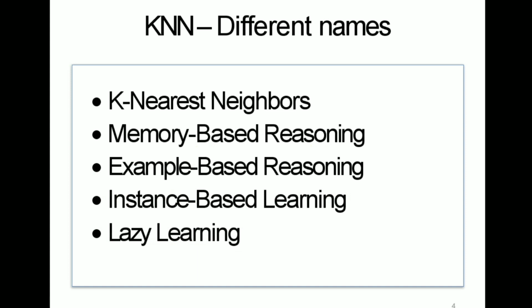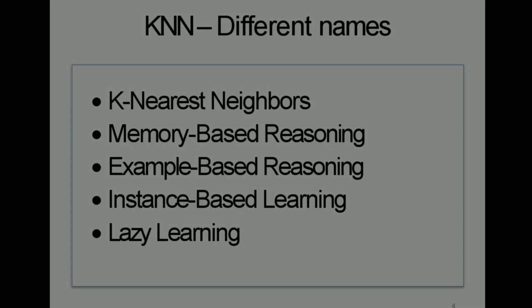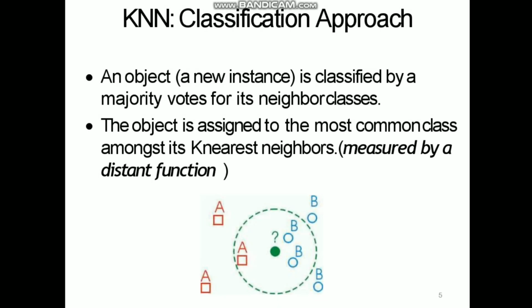It is also known as memory-based reasoning, example-based reasoning, instance-based learning, and the very popular name is lazy learning. The classification approach of KNN is that the object is classified by its voters, which are nearby.